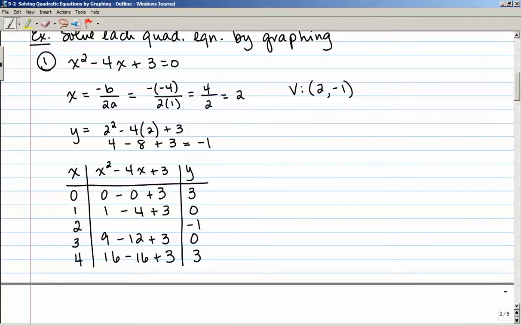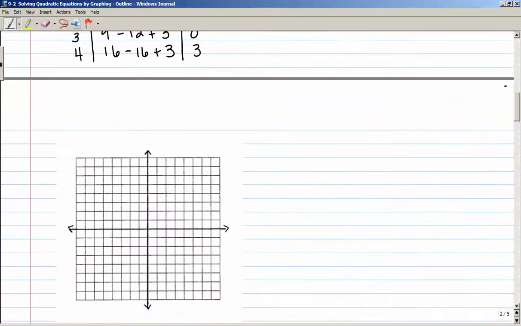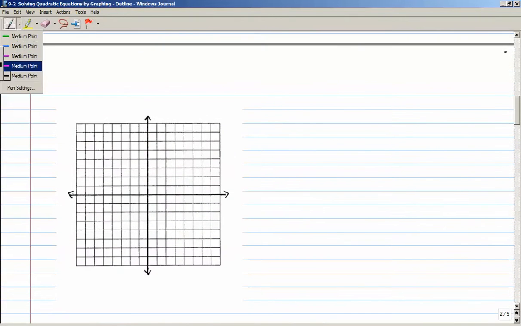So let's go ahead and graph those points. So I have 0, 3, there we go. Okay, 1, 0, 2, negative 1, 3, 0, and 4, 3. So there's my graph.